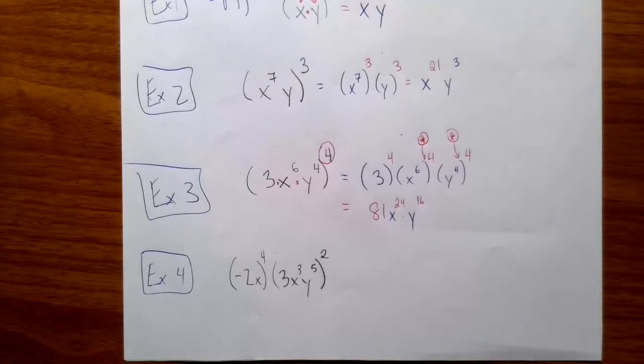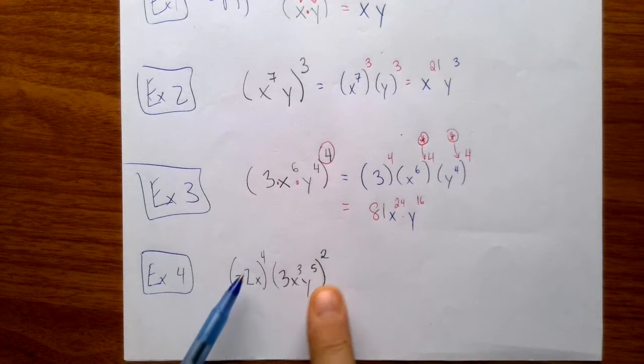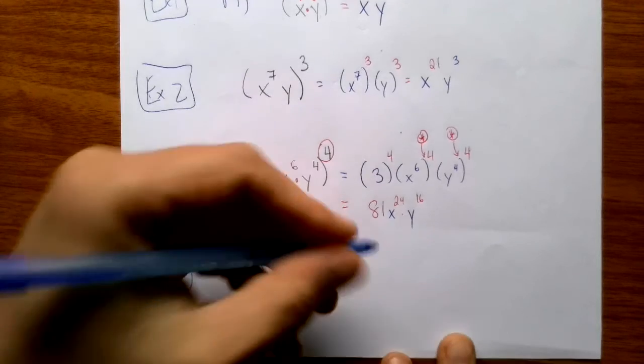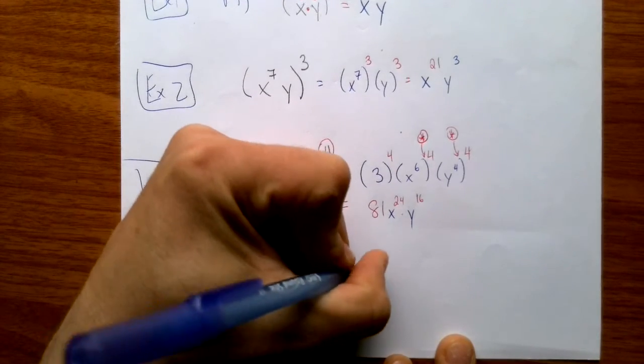Okay, for the last one, we're throwing everything into the mix. We have these separate groups of parentheses that have their own individual powers. So I'm going to do what I did in the previous problem.